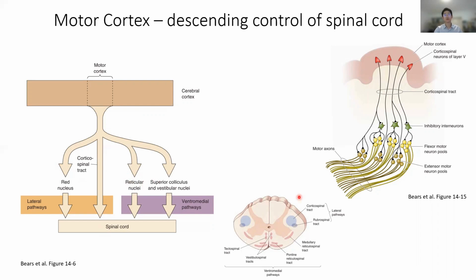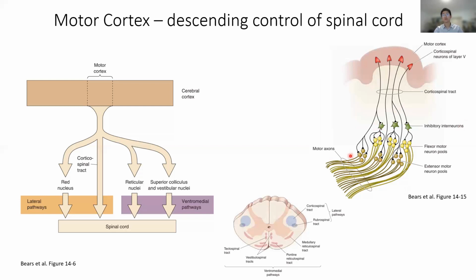Anatomically, we can see these different descending pathways will arrive at different locations of the spinal cord. If we still remember from the previous lecture, we have these motor neurons here in the lower part. What is interesting here is we see these inhibitory interneurons. Why would we have these interneurons?